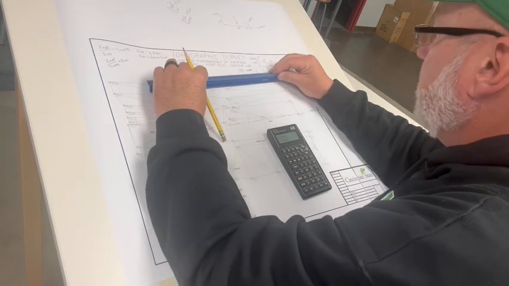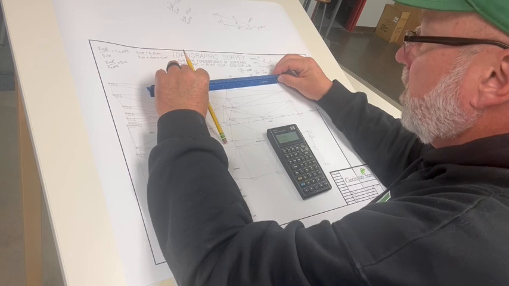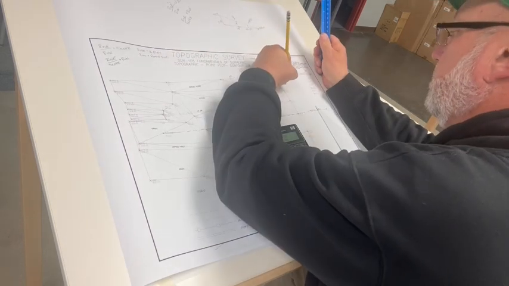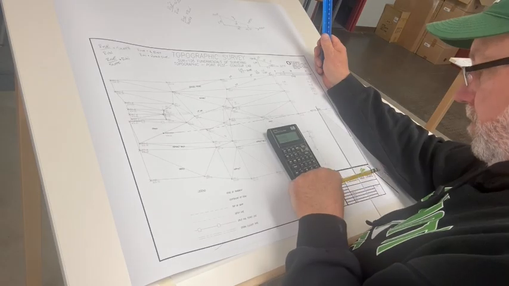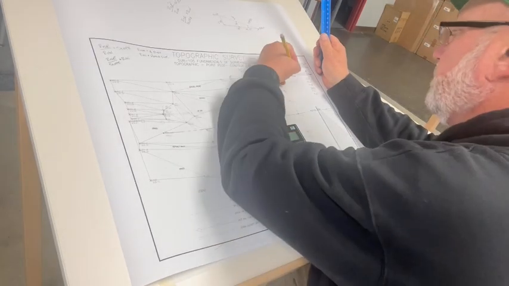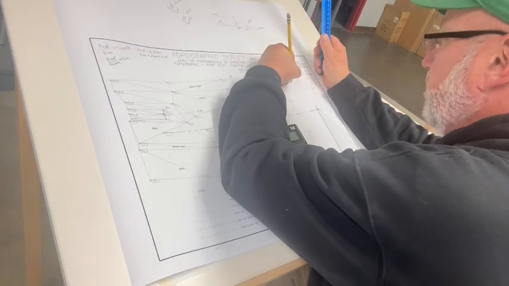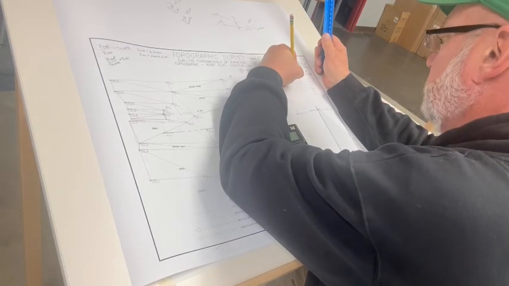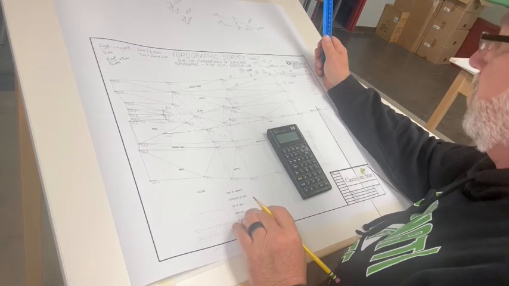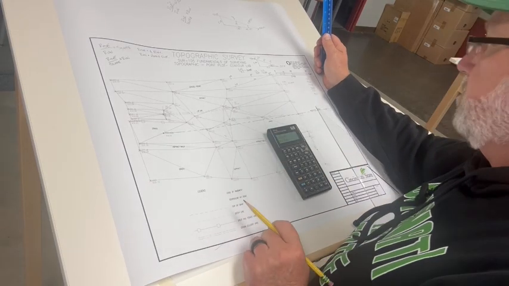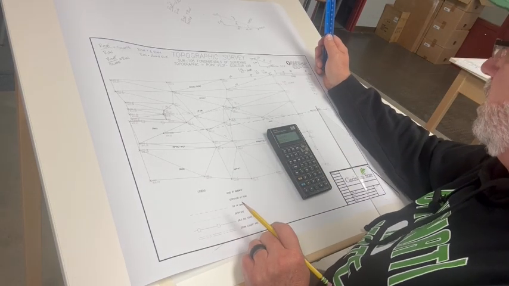What's my run? 57 feet. Equals a slope of 0.0875. So I'm going to try to find my 24, 26, and 28 contours again.